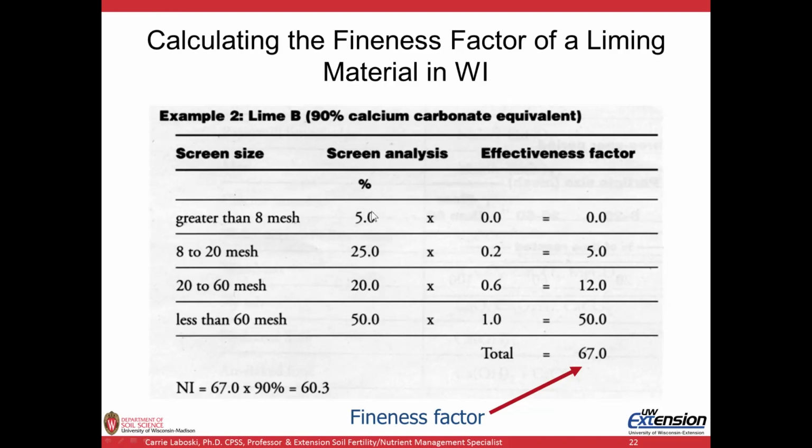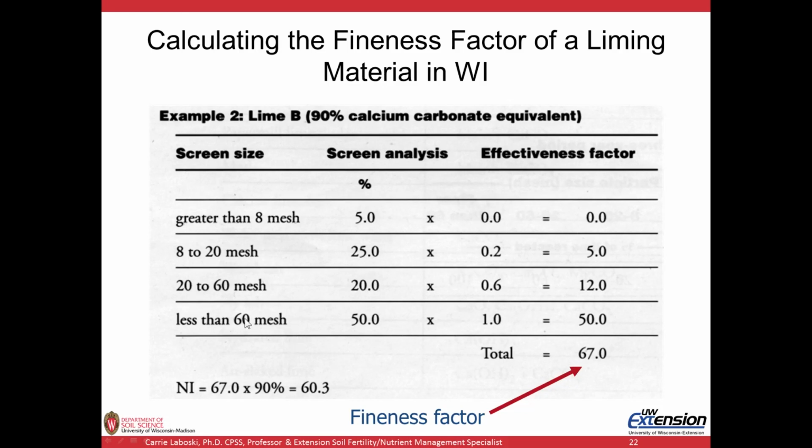It's here 5% was retained on top the 8 mesh sieve, 25% was retained on top the 20 mesh sieve, and so on. And then here we have an effectiveness factor for each of these screen sizes. So if we have materials, those bigger chunks, the greater than 8 mesh, they are considered not effective liming material. So you get a 0.